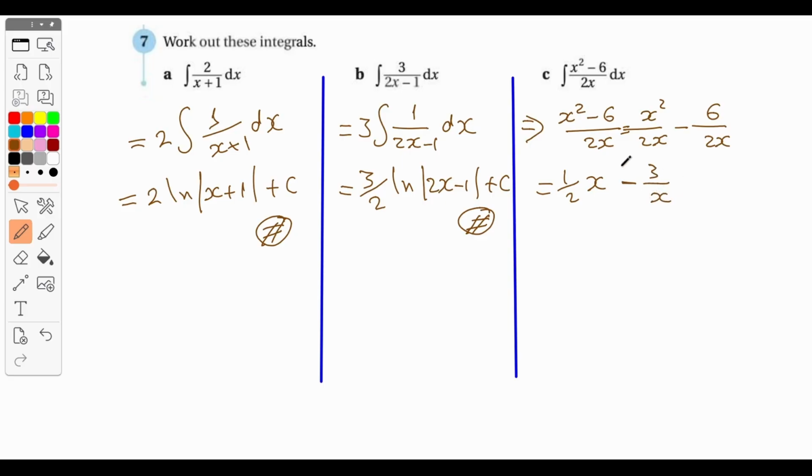So this question could be written like this: the integral of half x minus 3 over x dx. I just rearranged this algebraic fraction, so this is equal to half x minus 3 over x dx.